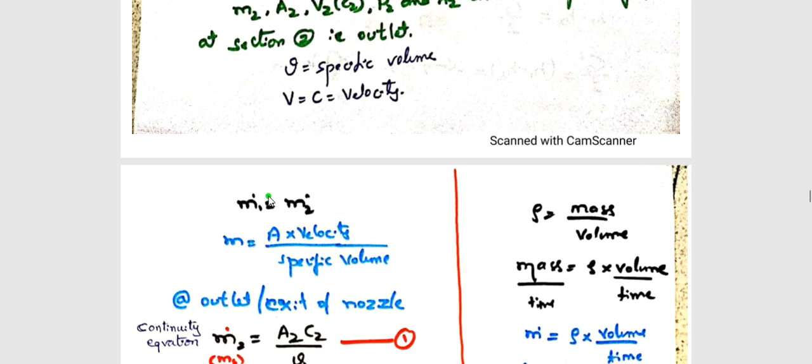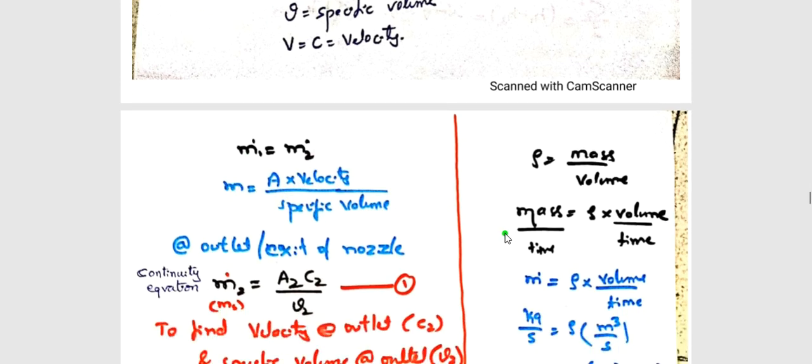Now I need an expression for mass flow rate. I have taken m dot is equal to area into velocity divided by specific volume. How this equation is arrived at: for that I have shown here density is equal to mass by volume. This is the basic fundamental formula of density. I need mass, so taking it to the left hand side, mass is density into volume. Dividing both sides by time, mass by time is m dot, the mass flow rate.